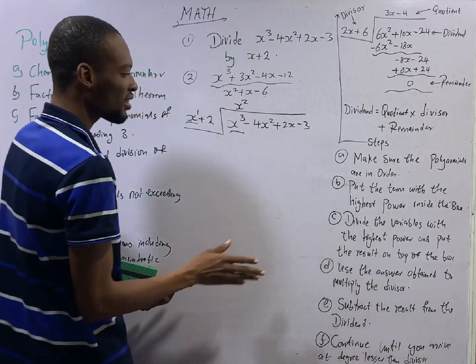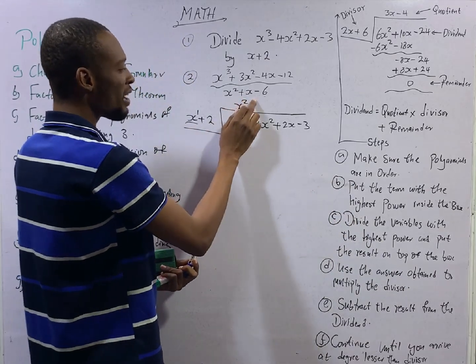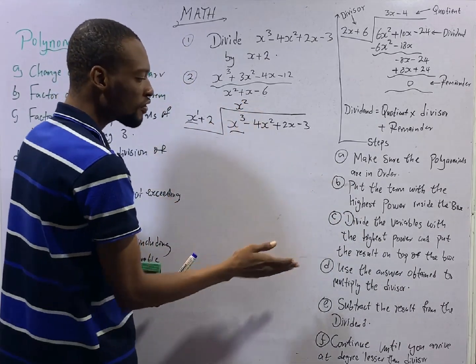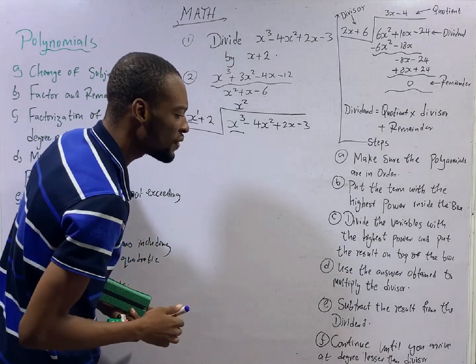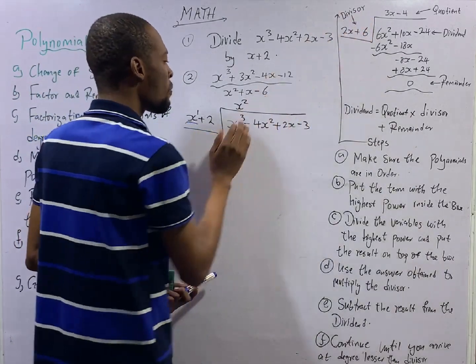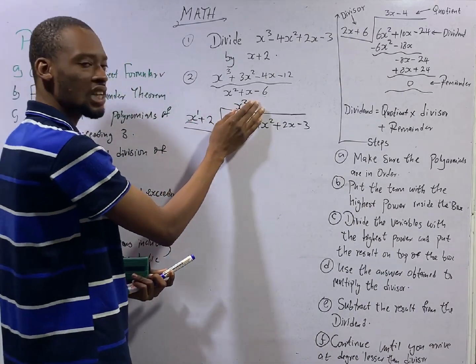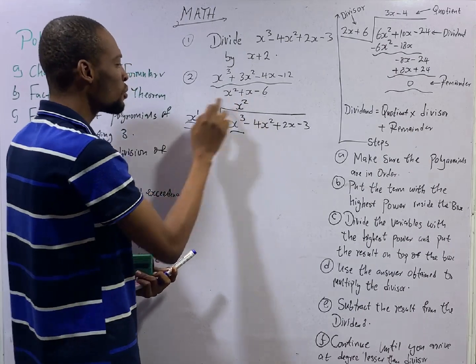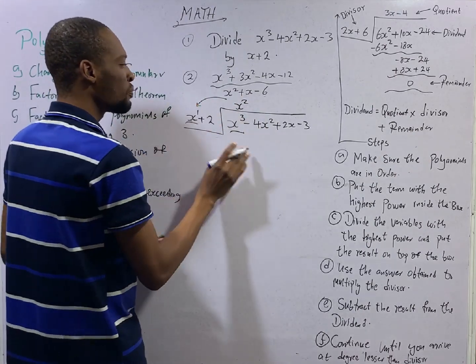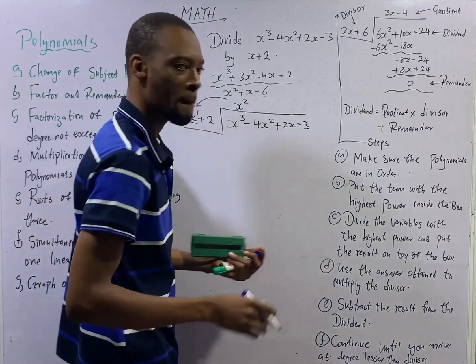So, step 3, we divided the variables with the highest power and got our answer at the top. Step 4, use the answer obtained to multiply the divisor. We picked the first one here and the first one here, we divided, and this is our result. Use this one to multiply the divisor and put your answer below the dividend, or below the polynomial.